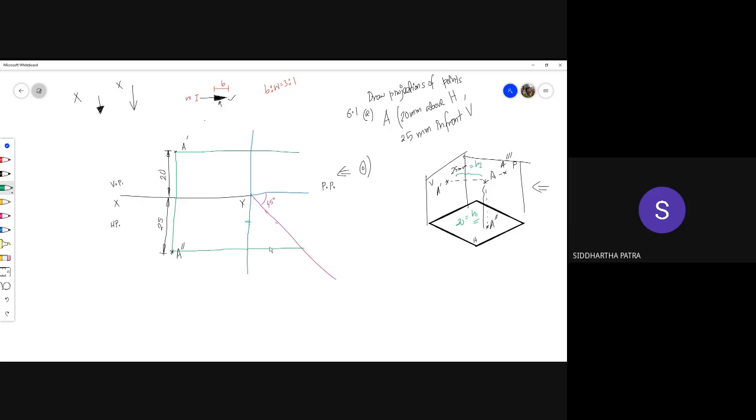this length is same as this length, okay, because this angle is 45 degree. This angle, of course, is 90 degree. So it is actually your isosceles right angle triangle. Now, on this side also, when I extend this line or drop a perpendicular over here, this length is same as this length.